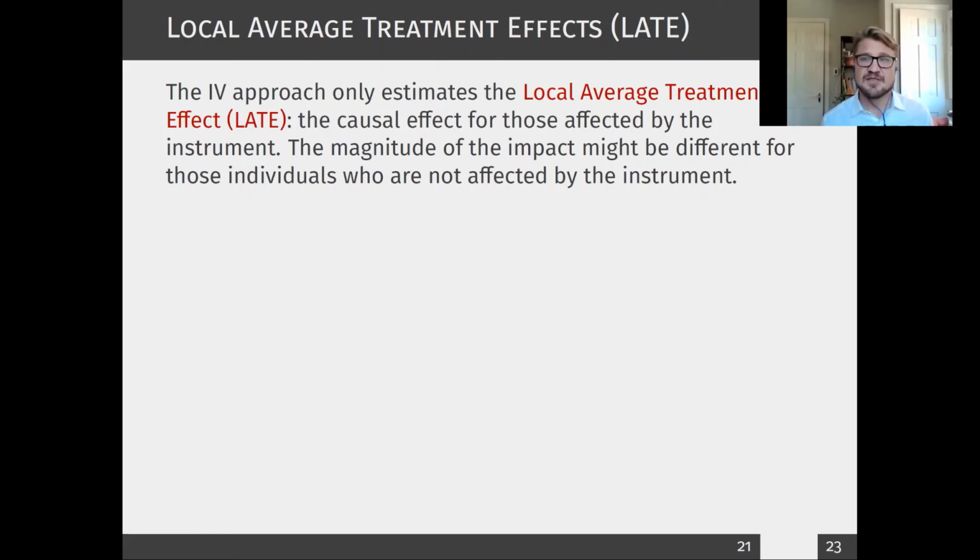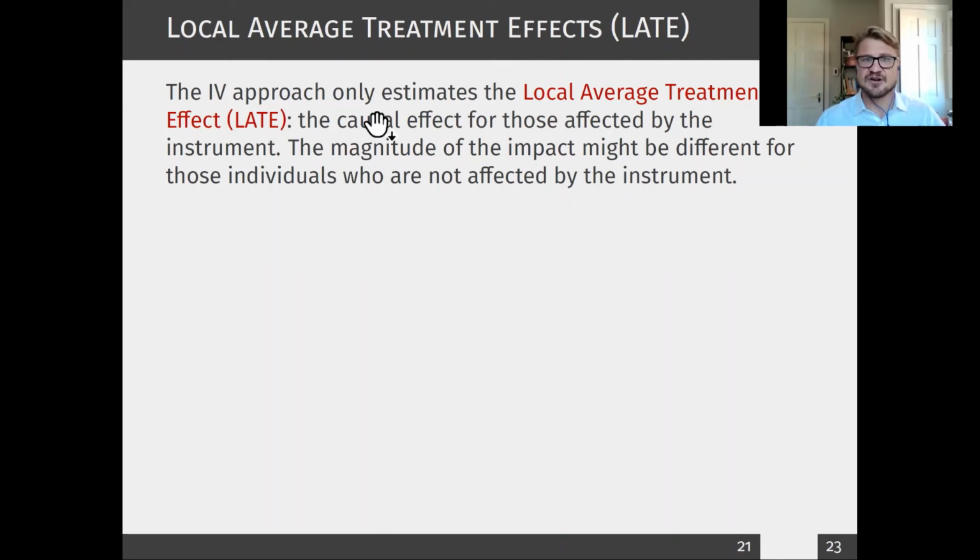This instrument extracts out the variation in our policy or treatment variable, and the variation we have left is for those who are actually induced to change their behavior as a result of this instrument. We're only looking at the treatment effect on that subset of the population, and that's why we're talking about the local average treatment effect.